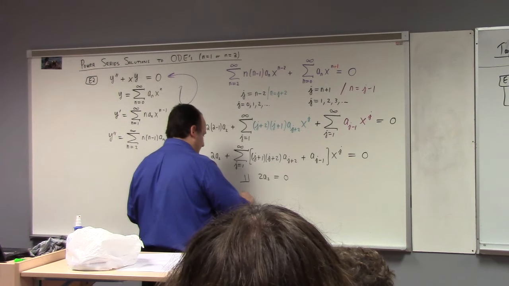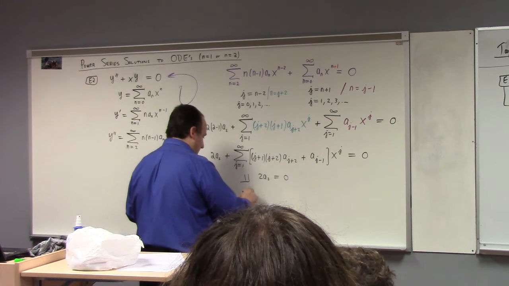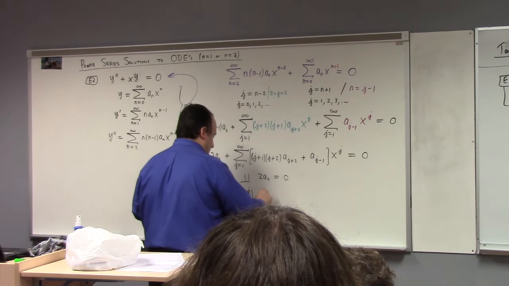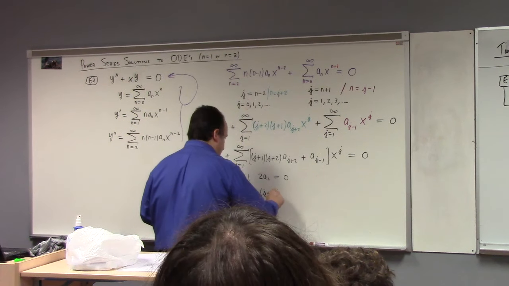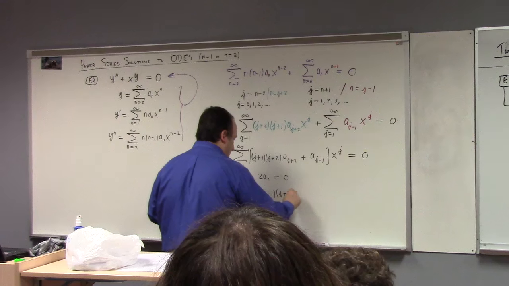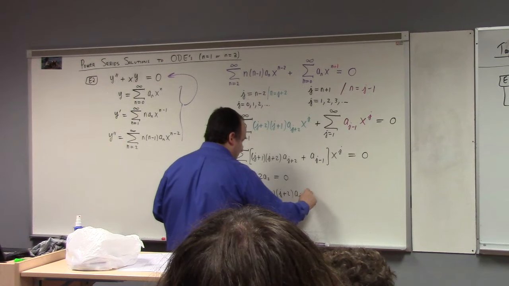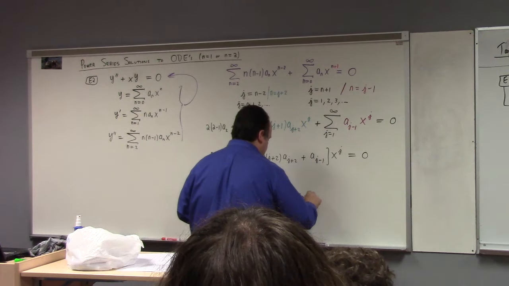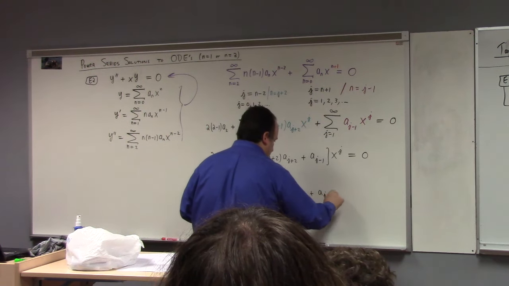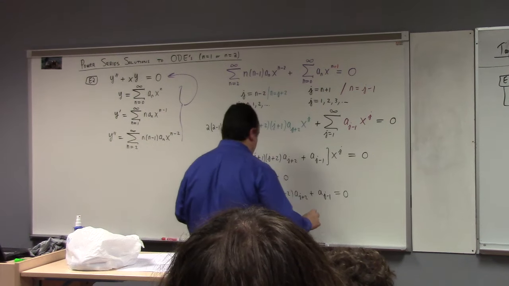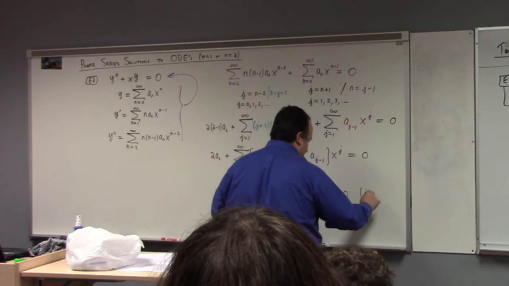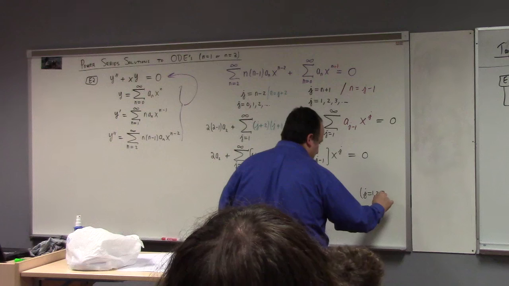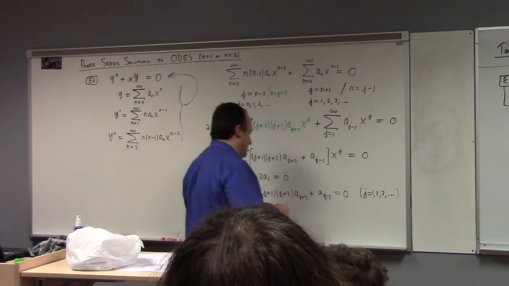What do we get from the x to the power j coefficient? We get that j plus 1 times j plus 2 times a sub j plus 2 plus a sub j minus 1 is equal to 0. And that's for j equals 1, 2, 3, and so forth, forever and ever.